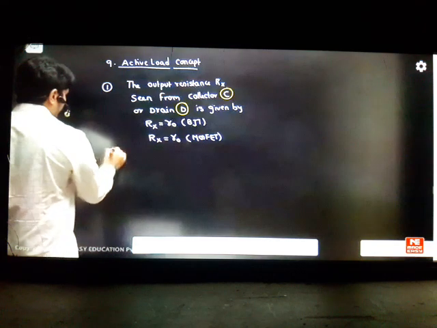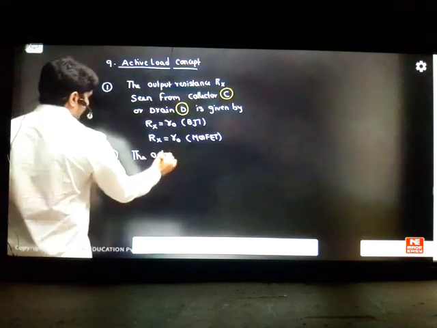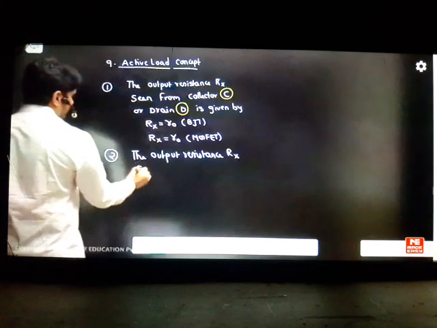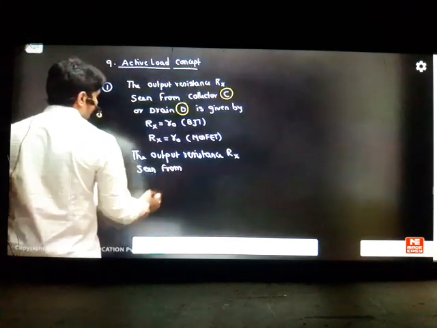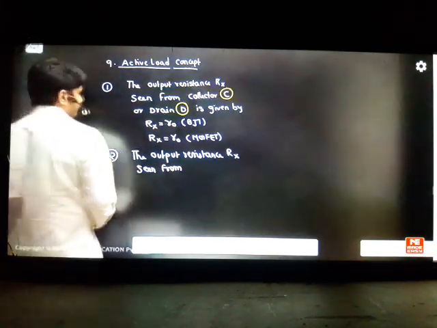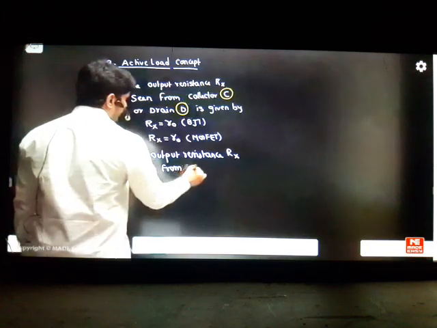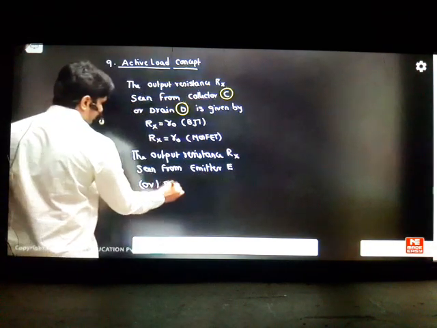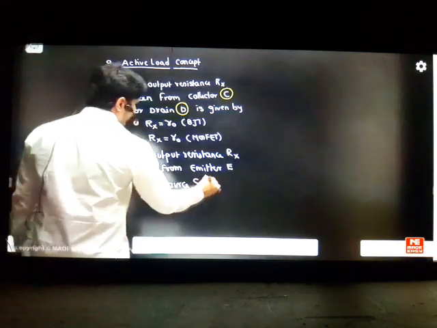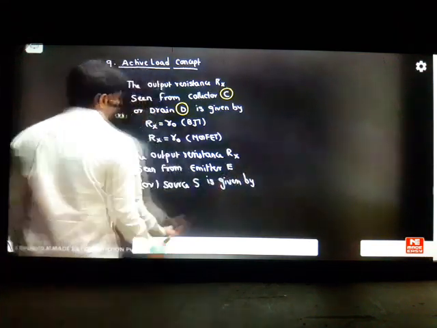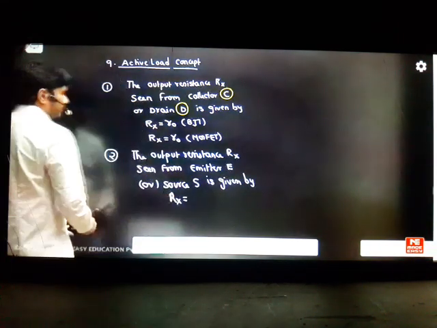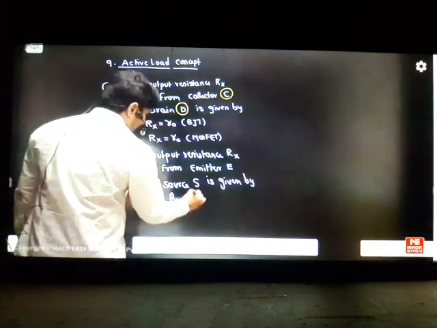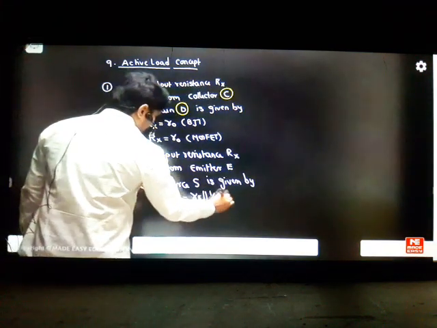If you go for the second point: the output resistance Rx seen from the emitter or source is given by Rx equal to R pi parallel to 1 by Gm parallel to R naught.